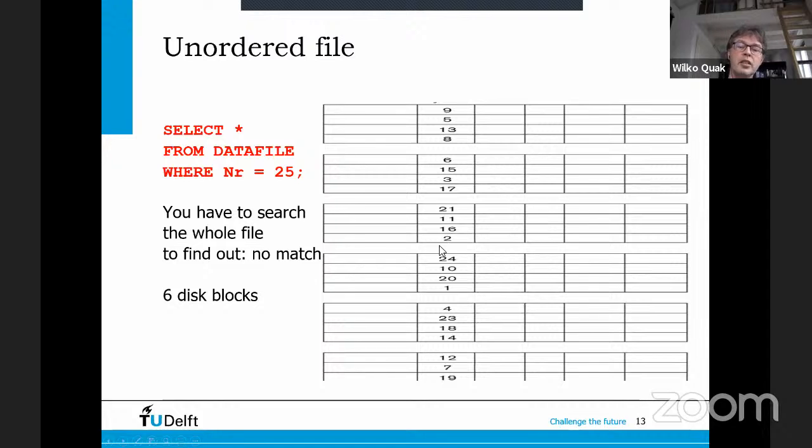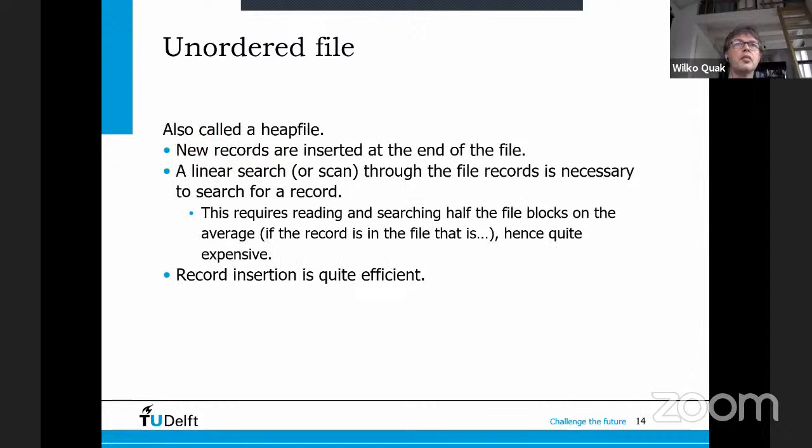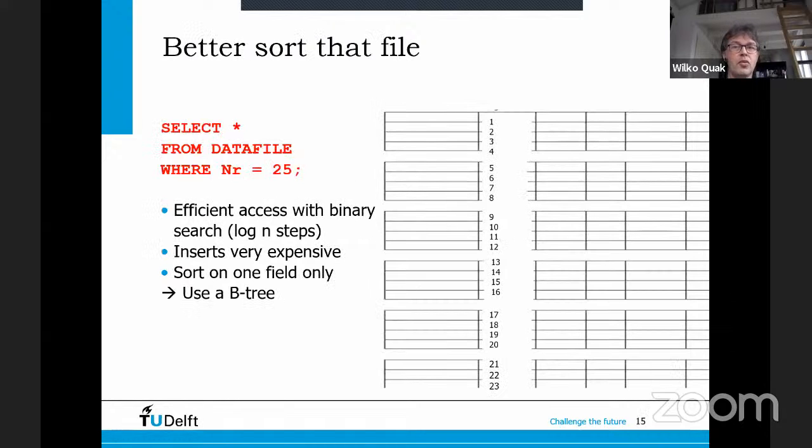So this is unordered files, also called heap files. New records are inserted at the end, and you need to do a linear search to find a record. Insertion is quite efficient, and searching is not so efficient. And of course, most times we do more searching than inserting.